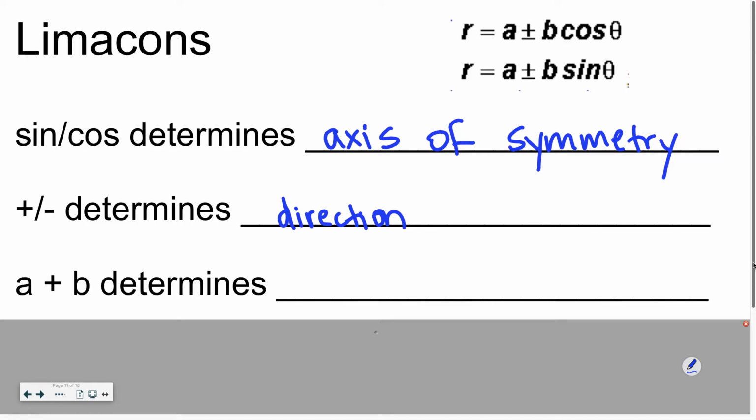a plus b. Well, the ratio of a and b would determine the type, but the sum of a and b determines how far away from the pole this is going to go.